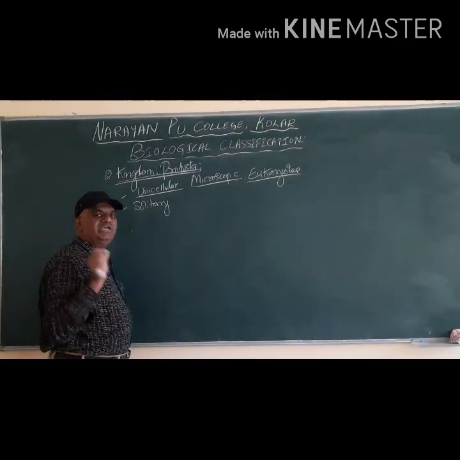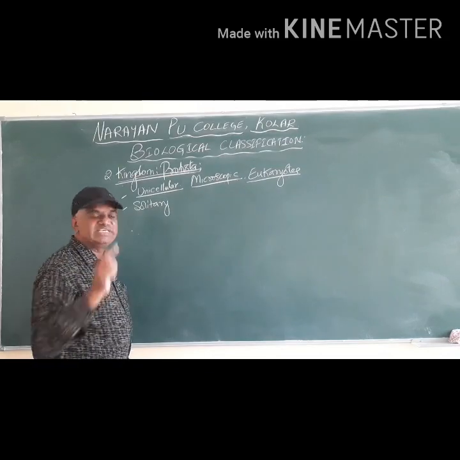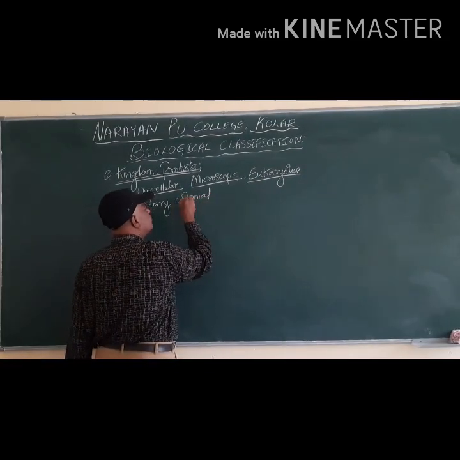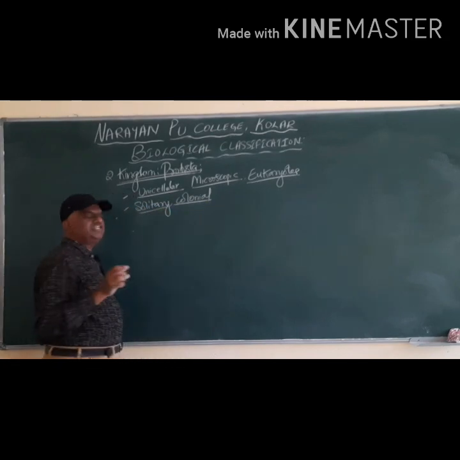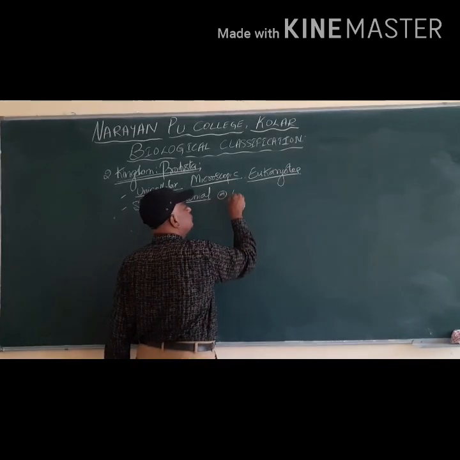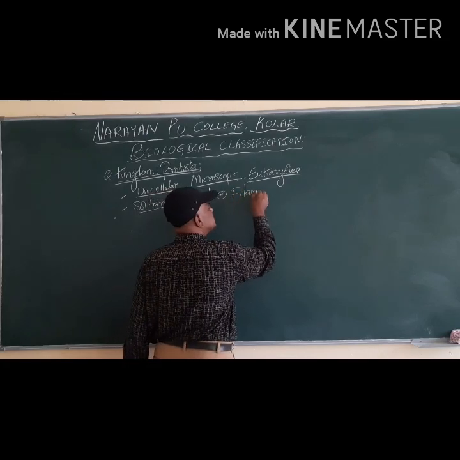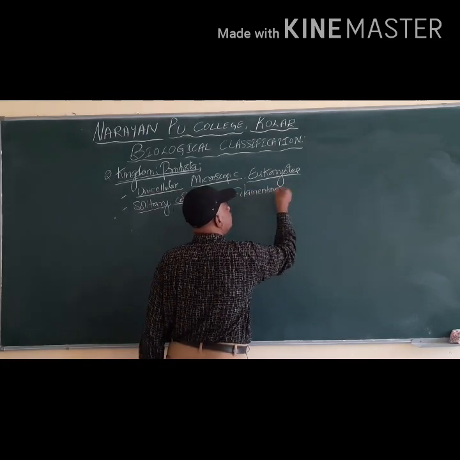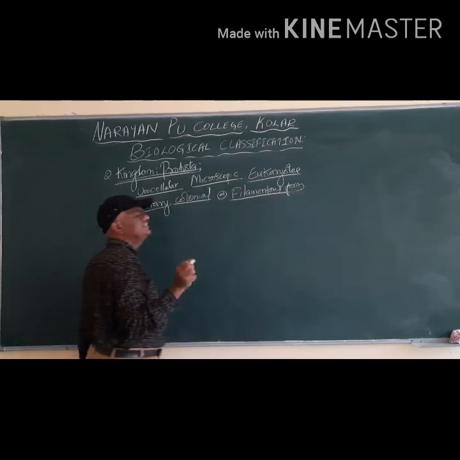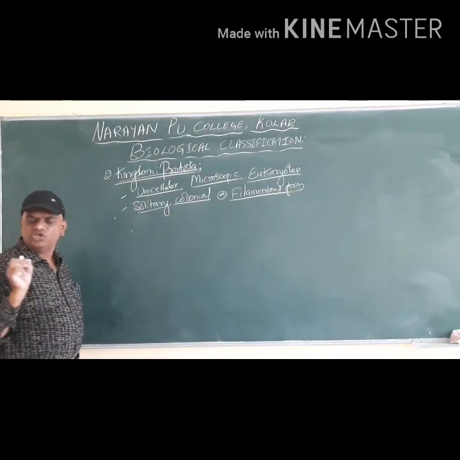The meaning of solitary, they always occur singly. Or colonial. The meaning of colonial, they always occur in the form of colonies, or it may be in the filamentous form. They may exist present in filaments.